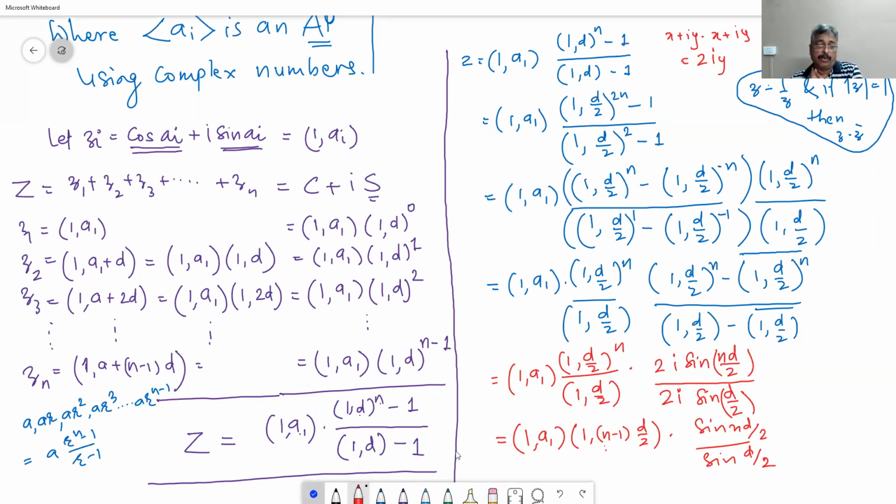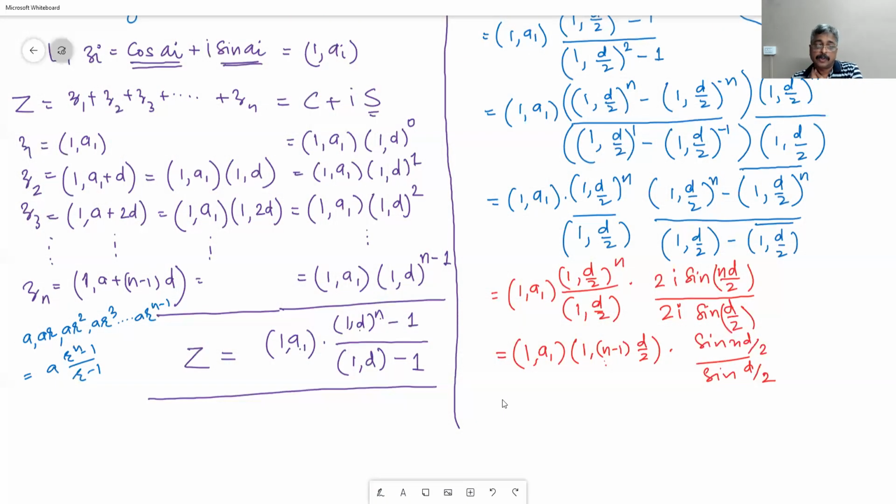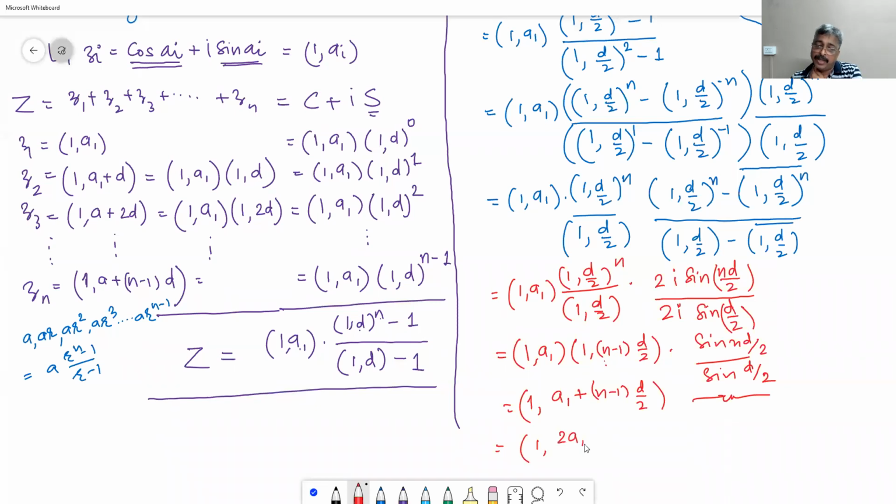Okay. Now, what is this fellow? This fellow is equal to multiplication. So 1 argument gets added, which is a1 plus n minus 1 times d by 2. This is the argument, multiplied by the same quantity. But if I clear the denominator, I get 1 comma 2a1 plus n minus 1 times d upon 2.